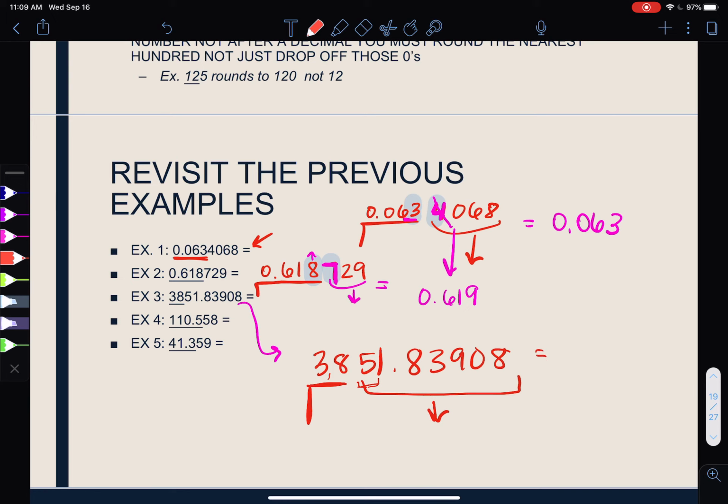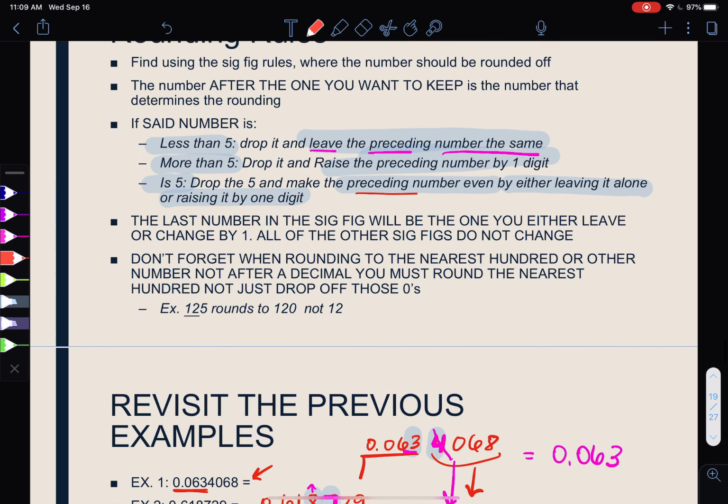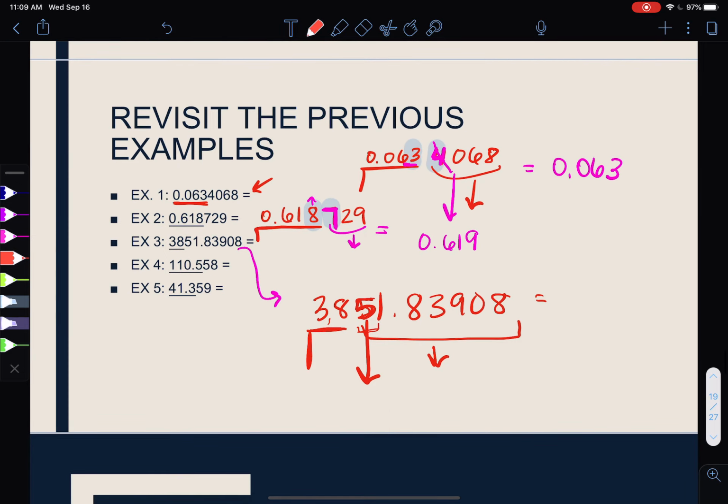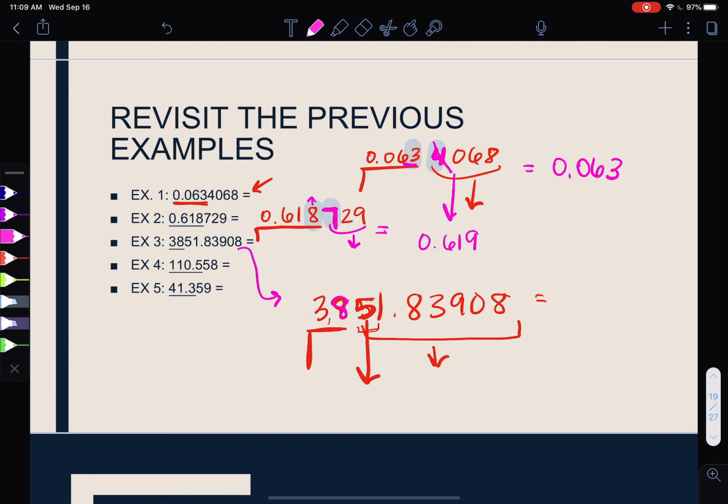This is a 5, and 5 is what you're looking at because this one is falling off the cliff. If it is a 5, our rule is to make the preceding number even. Well, this 8 is an even number. So we're good, right? So we just say 3800.